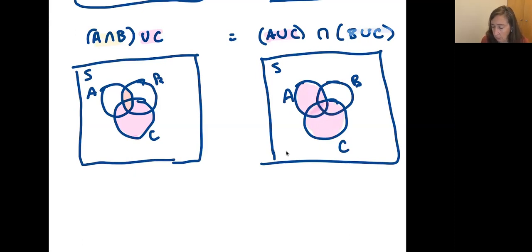And now we need blue for B union C, means it's either in B or it's in C. And then what we need to put them together is the places that are shaded both pink and blue. And it's this whole circle plus the little spiky thing sticking up. So indeed, as long as we write this side correctly, we do get the same answer there.